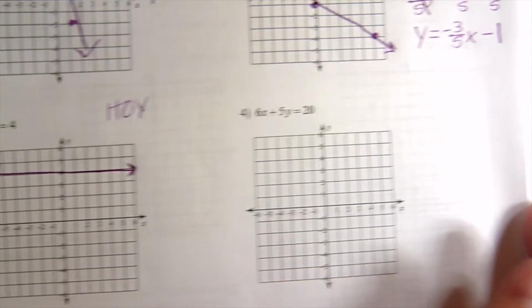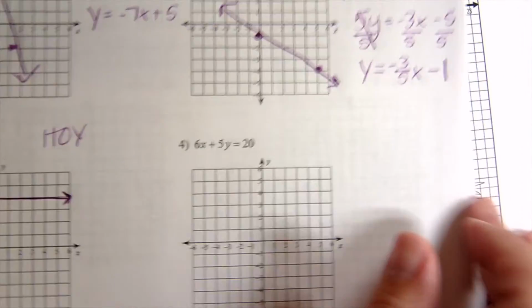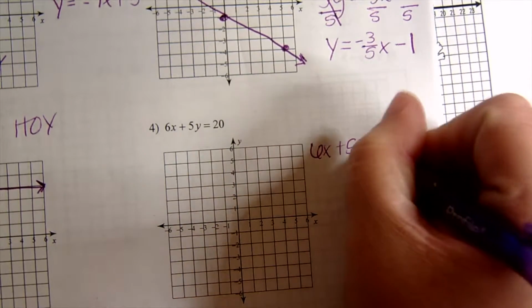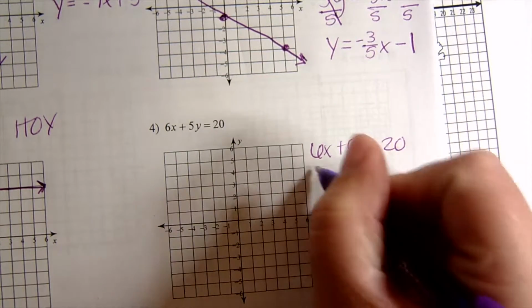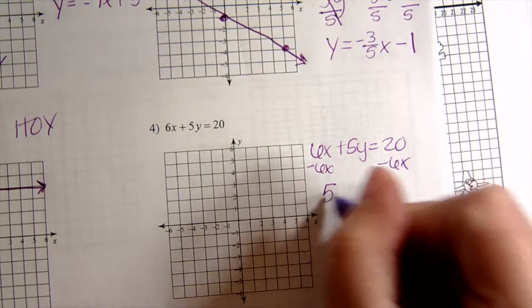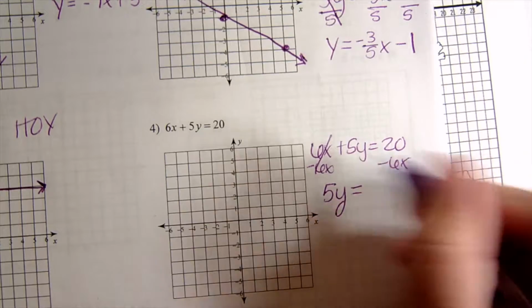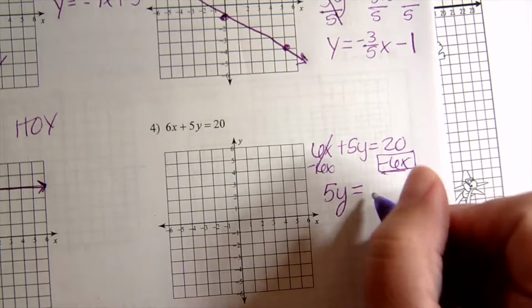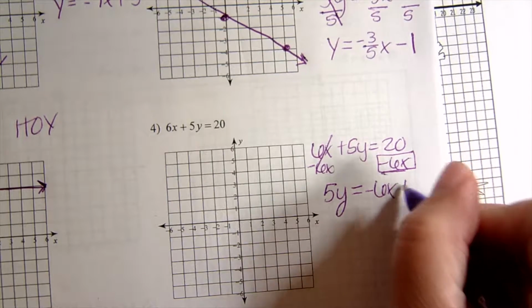Number 4. We need to solve this one algebraically. So what do I need to do to both sides? Subtract 6x. So I'm left with 5y equals, I keep the negative, I subtracted 6x, so I keep the negative with the 6, so it's minus 6x plus 20.